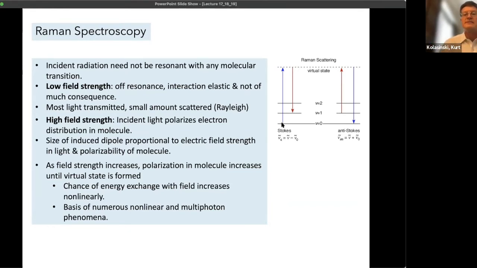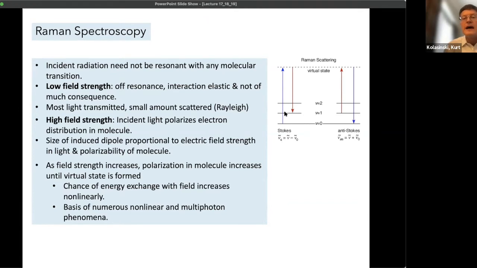In Raman scattering, a photon comes in that has a certain energy, given by the blue arrow in this case. It interacts with the molecule, imprints its polarization on, and creates this virtual state. And then the system relaxes by scattering a photon. That's the red arrow here, the photon that's released by the system.